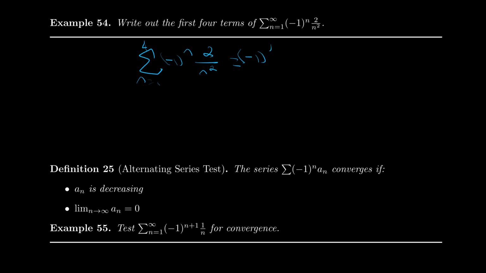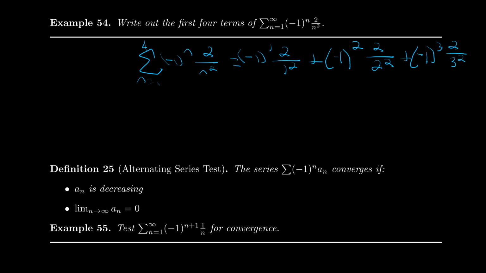So 1 over 2 over 1 squared plus, okay, the next term will be a 2. 2 over 2 squared, okay. Plus, and I'm going to show you how to wrap these things around. I guess that'll be a useful thing that'll be taught in here. Negative 1 cubed, 2 over 3 squared, okay.